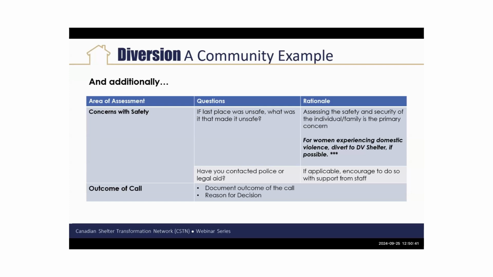So if we hadn't been able to divert those people successfully, we would have had over 900 unique individuals staying within our shelter. That is a large number of people that don't need to be entering the homelessness system if they don't need to. So we really focus on that diversion piece, trying to find an alternative prior to them coming into shelter and entering into that homelessness system.